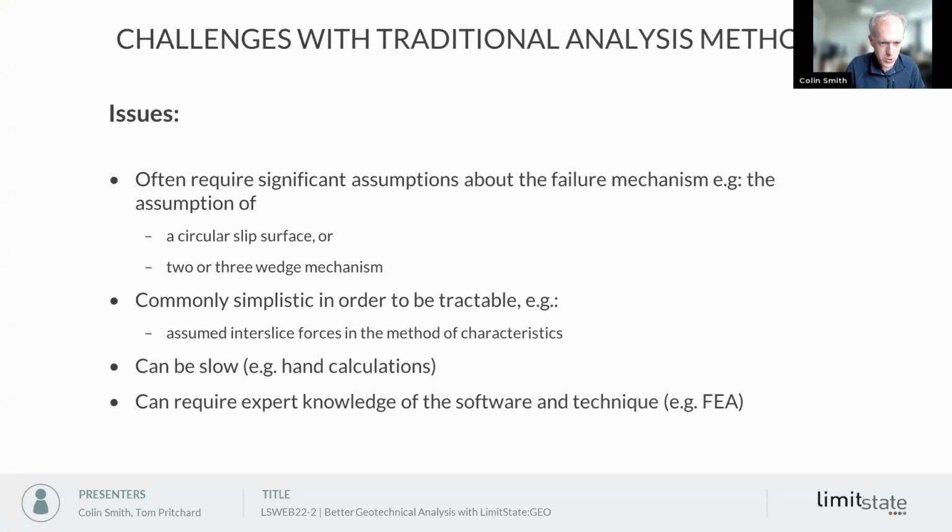It says characteristics, it should say slices. Sometimes for problems that don't fit into the standard type of problem, one might have to adopt hand calculations. That can be slow. And at the other end of the scale, if you're going to use finite elements, which of course are very flexible and can handle many geometries, that often requires expert knowledge of the software and the technique, and again, can be somewhat slower.